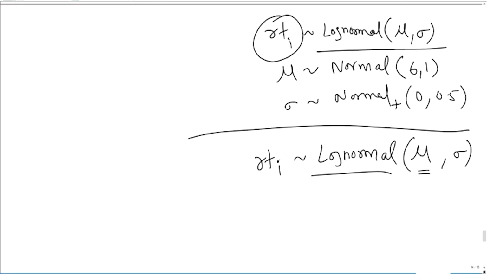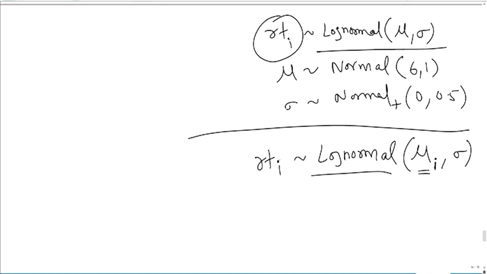Let's say this median recognition time changes as we go towards the later end of the experiment. So this mu is also dependent on trial ID. Mu is not constant from trial 1 to trial 50, it changes.